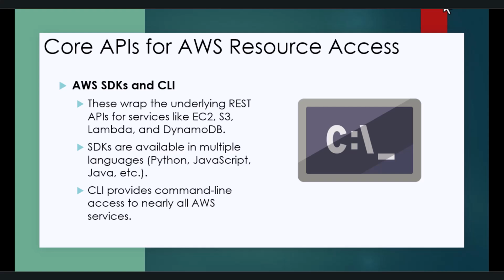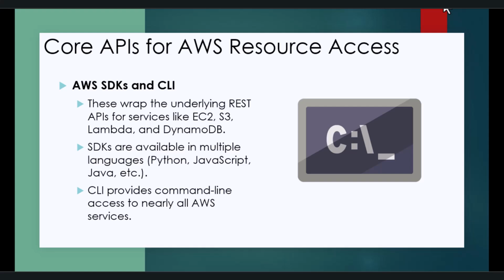Also, SDKs are available in multiple languages, for example, the popular Python, JavaScript, and Java. And the CLI or command line interface, which can run on Windows 64-bit or Mac OS or Linux, provides command line access to nearly all AWS services.